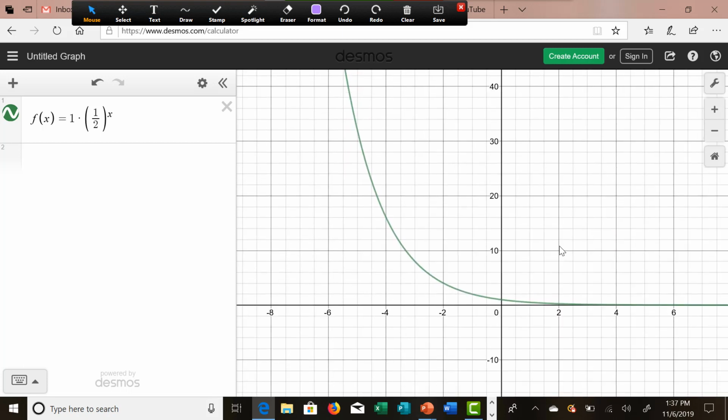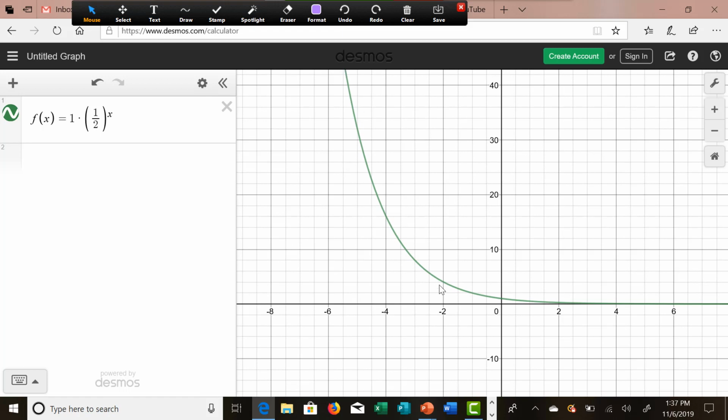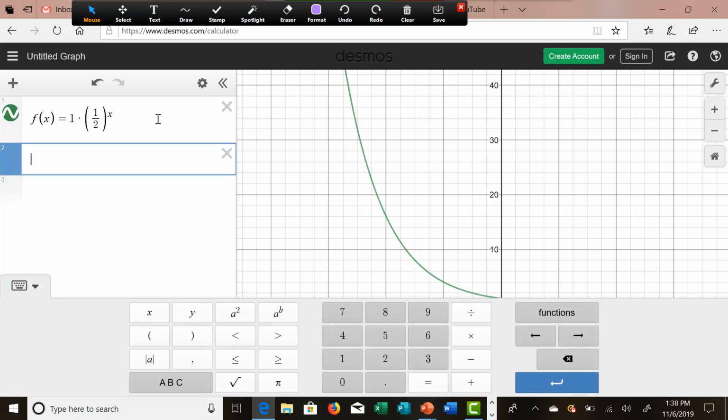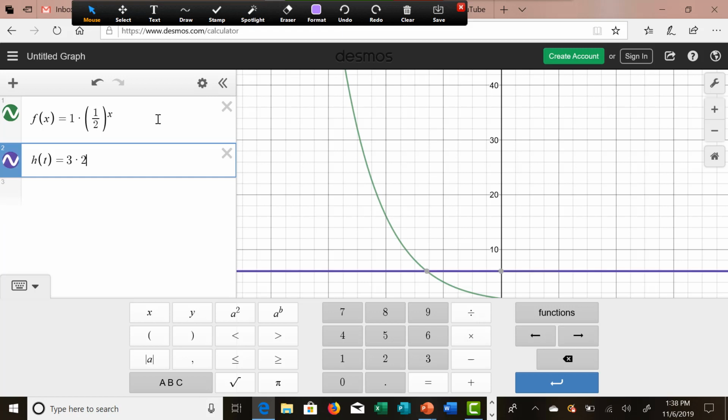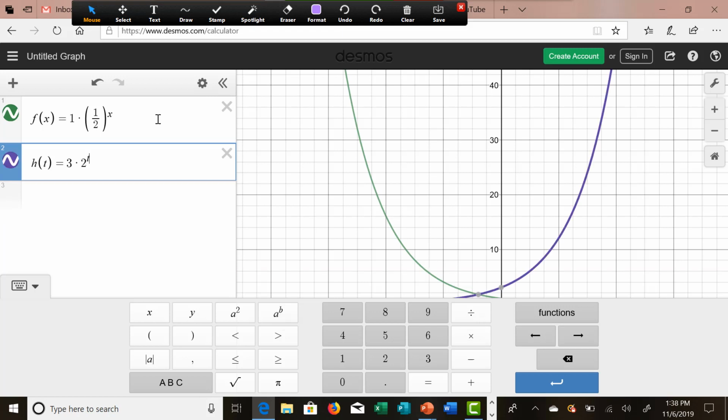Notice that our growth for our other one went up. Our decay model goes down like this. But we have a horizontal asymptote at y equals 0, which is the x-axis. And if we go ahead and put our alpacas back up there, we had h of t equals 3 times 2 to the t.